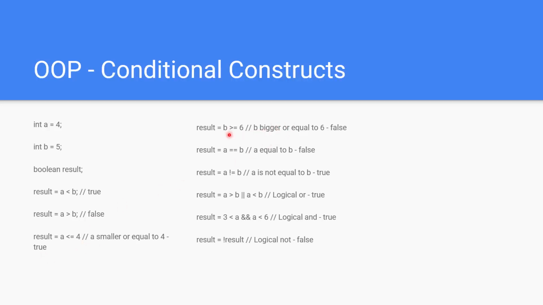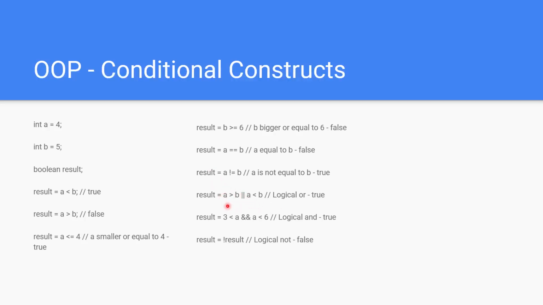Is b greater than or equal to 6? That's going to be a false. And right here we have a not equal. So we're testing for equality: a equals b gives false, but here we're testing not equal. So the bang and the equal is not equal, the same as in the other languages we just talked about. And in this case, that condition is true.